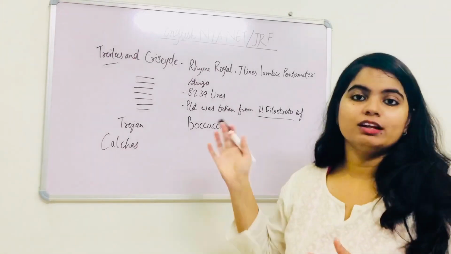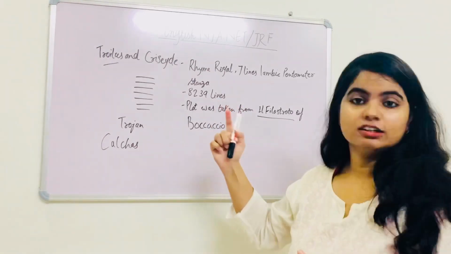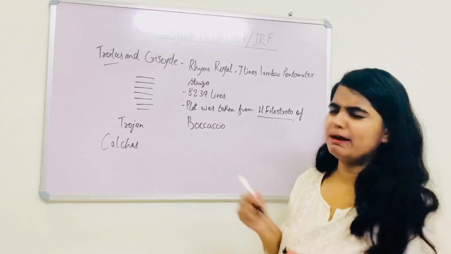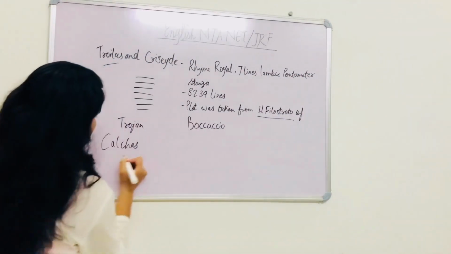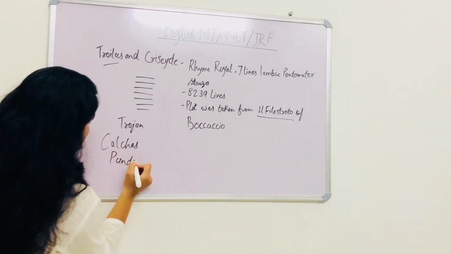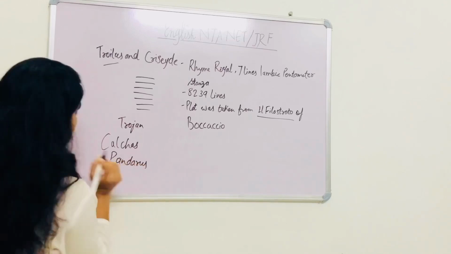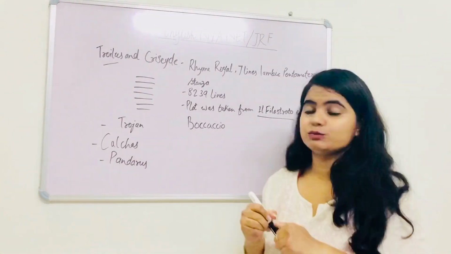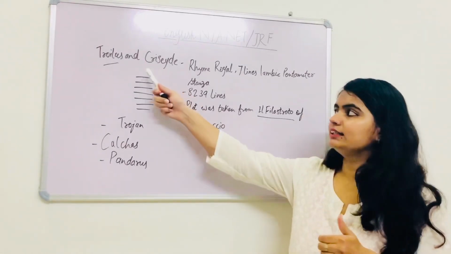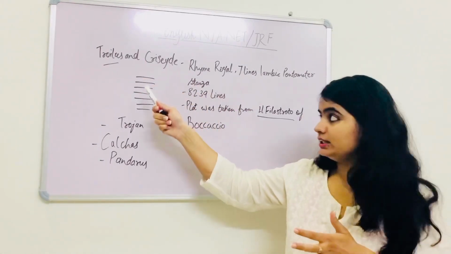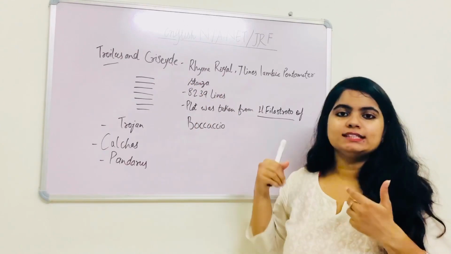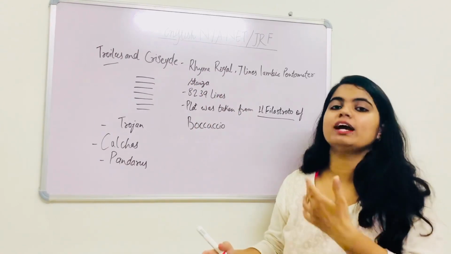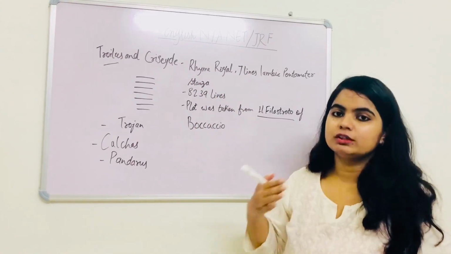So they fall in love, and there is an uncle of Criseyde whose name was Pandarus. Right? Uncle Pandarus was responsible for bringing together the relationship between Troilus and Criseyde. So Criseyde was sent to the Greek army to help her father's army during the war.